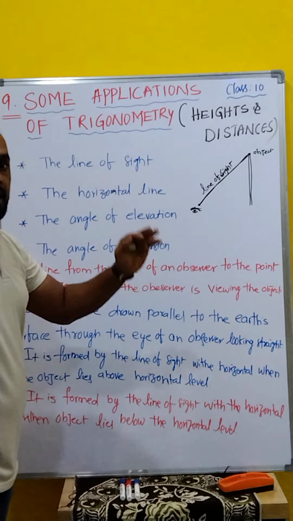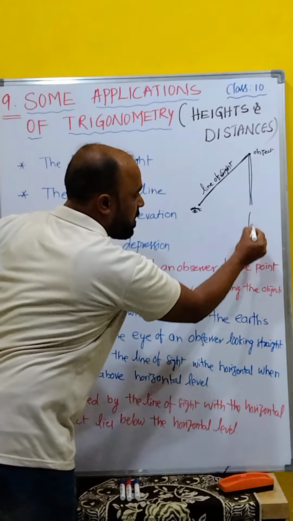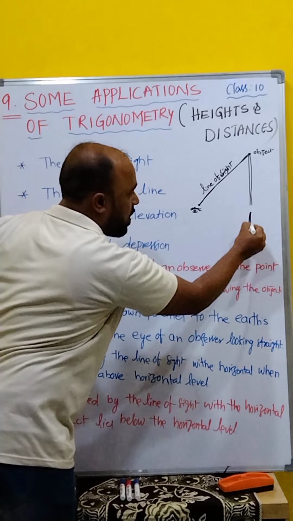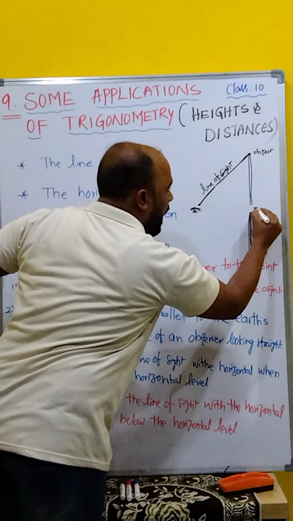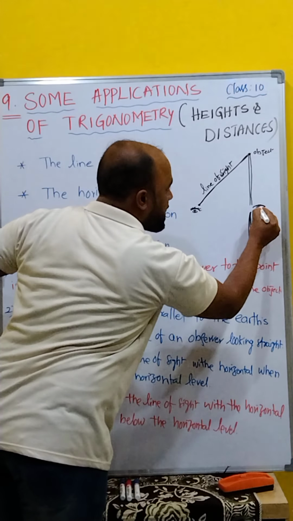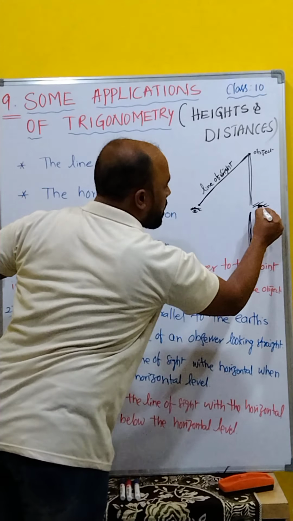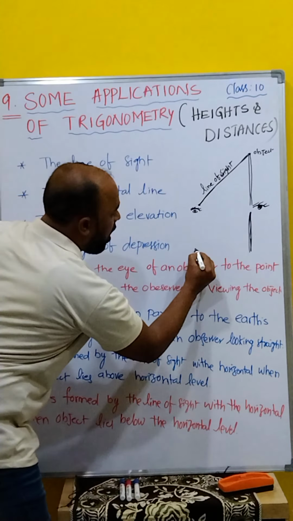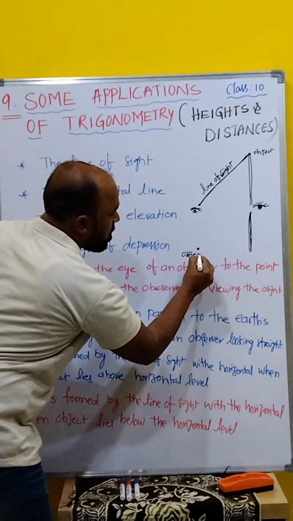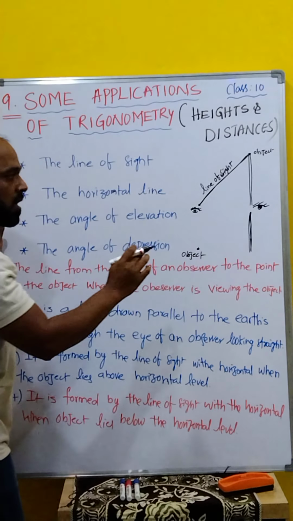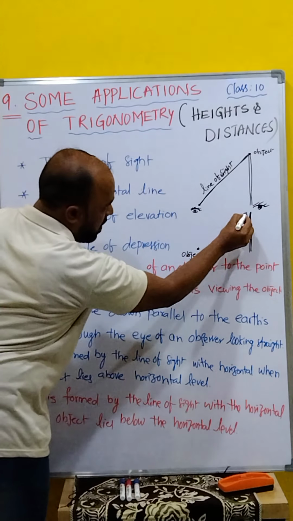First case done. Second case, same way: height or pole of the building, whatever it is. Here the eye is here. That is the second case, and the object is down. The observer is up and the object is down, observing like this.